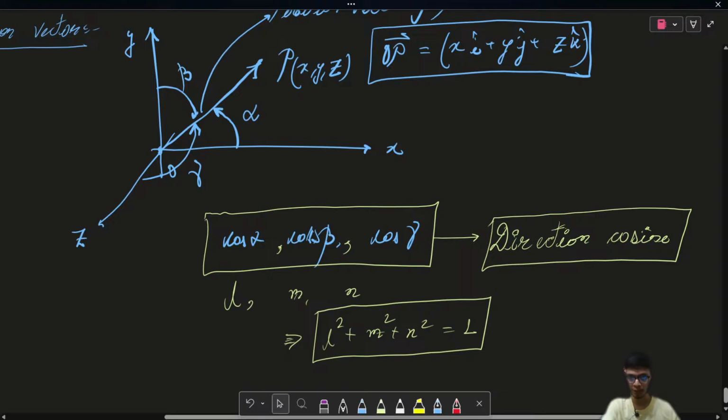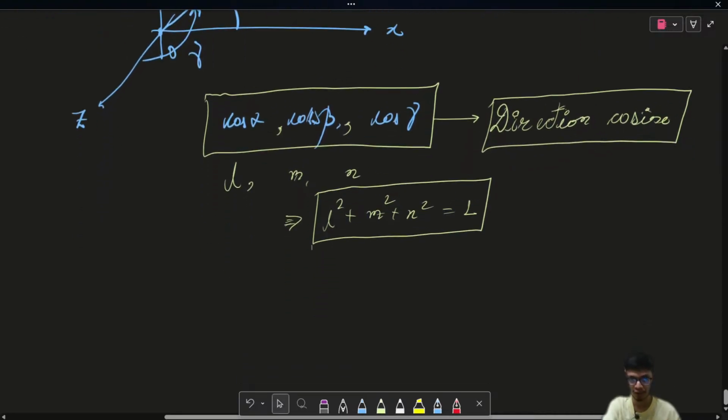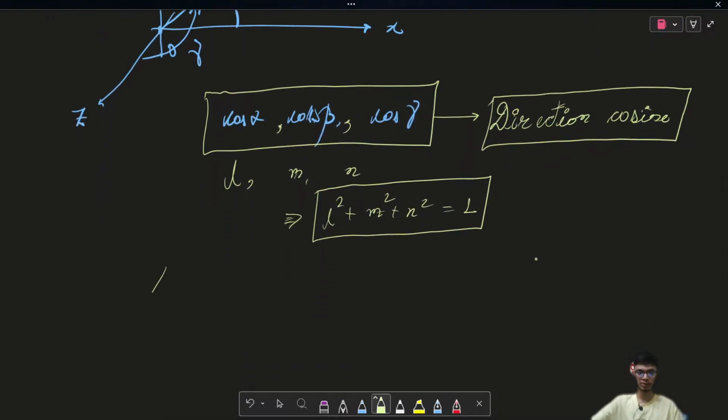One more important thing to note is that we have also discussed another concept, direction ratios. Direction ratios are nothing but the individual components of i cap, j cap and k cap of any given vector.